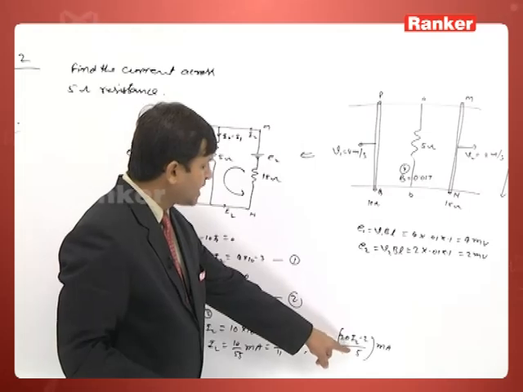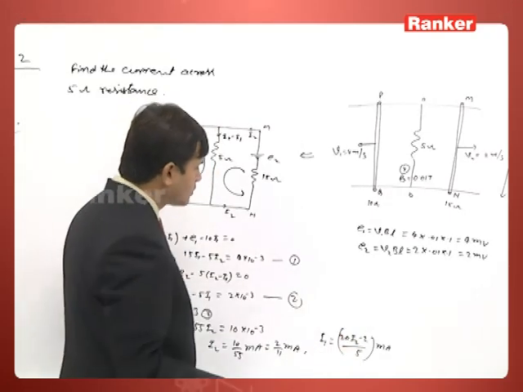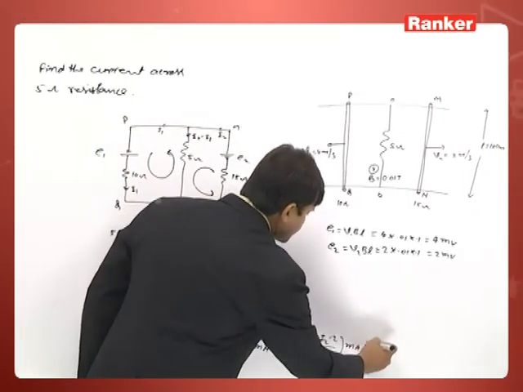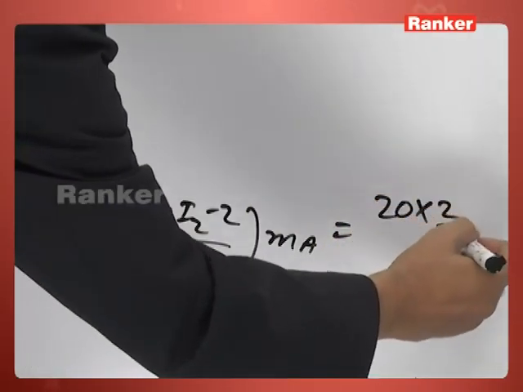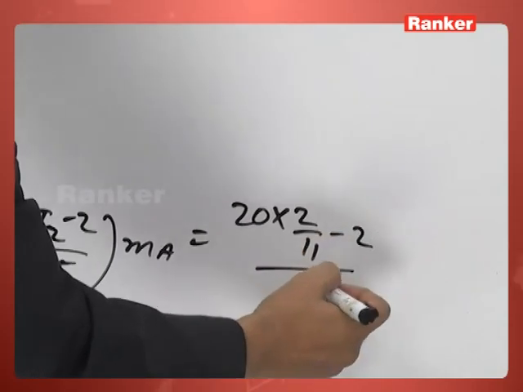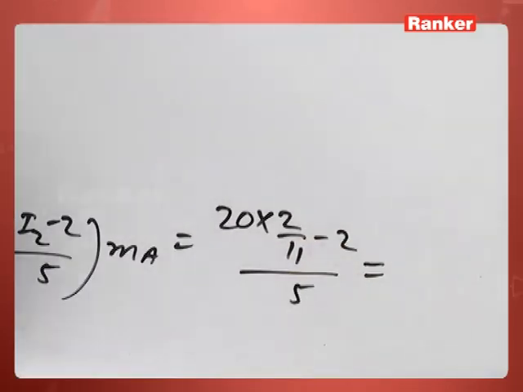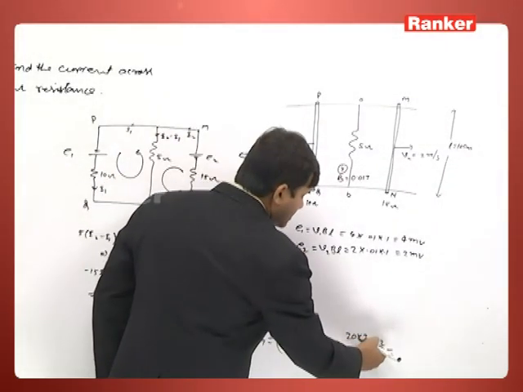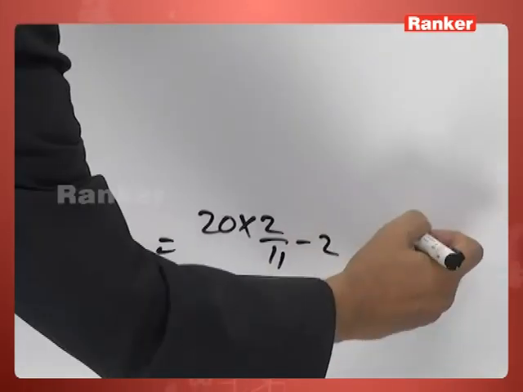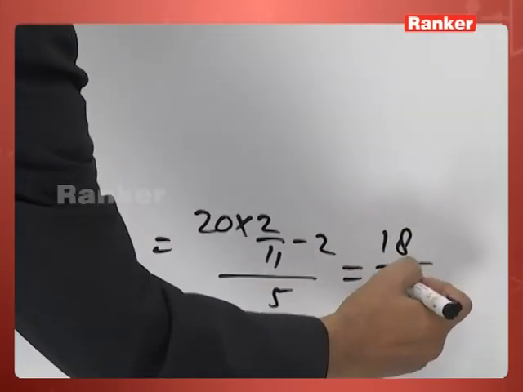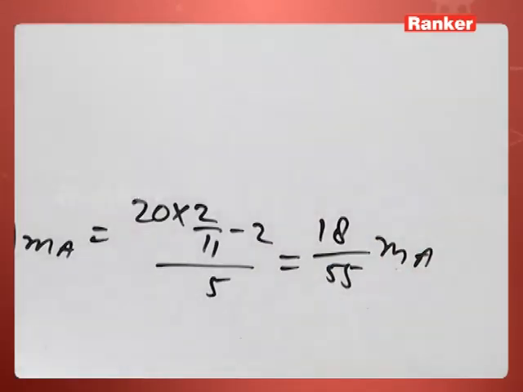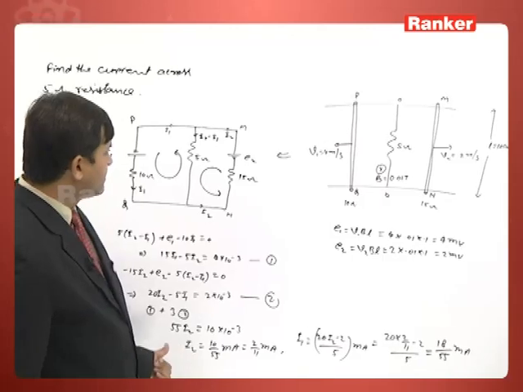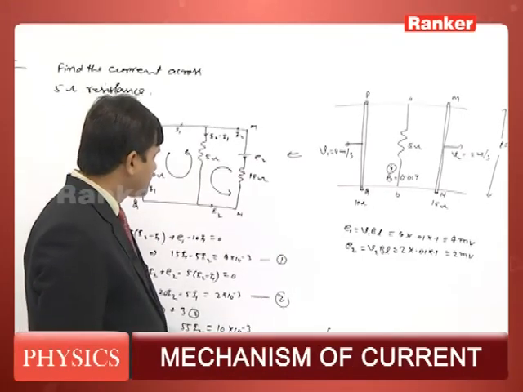So 40 by 11 minus 2 by 5 gives 18 by 55 milliampere. So I1 is 18 by 55 milliampere.